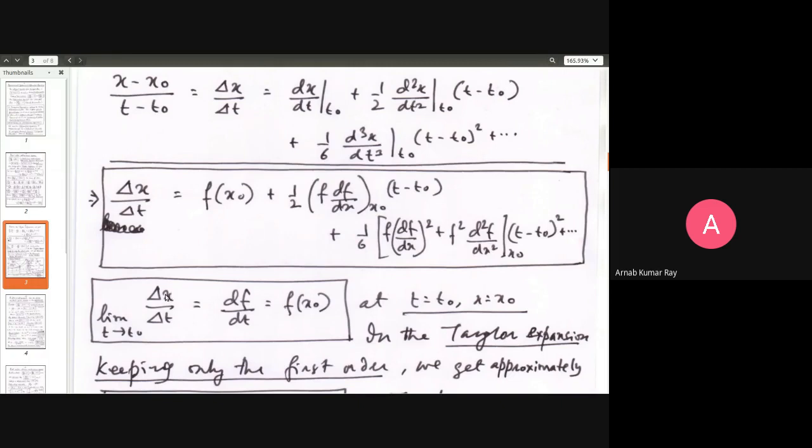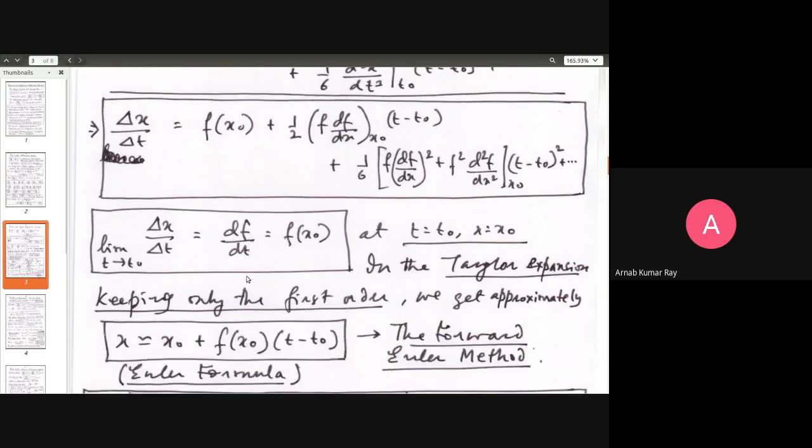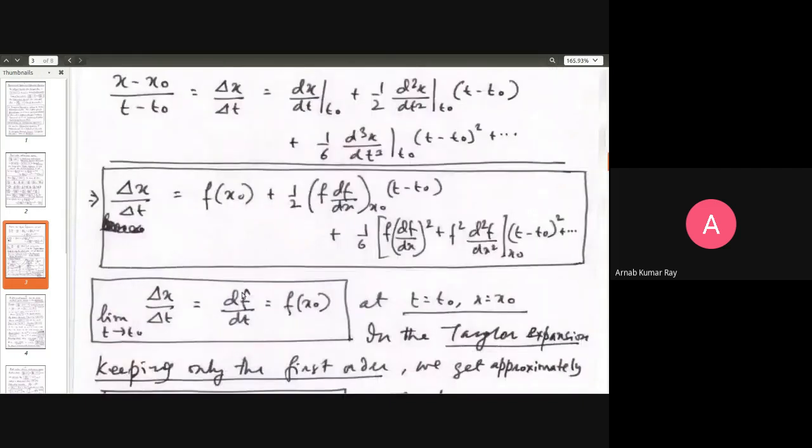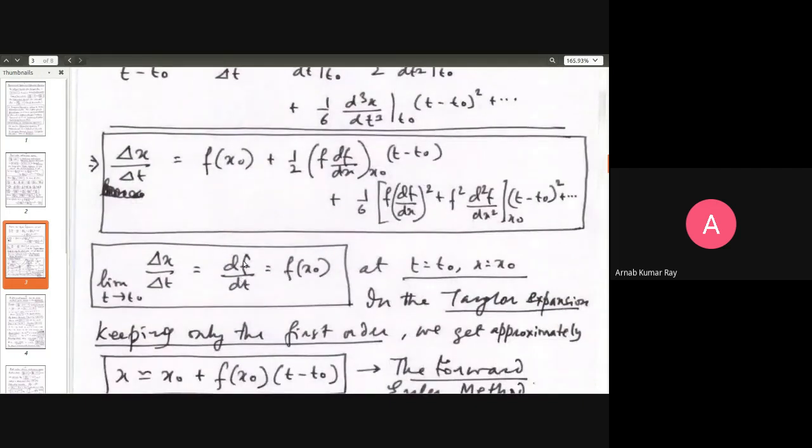One number on top of another number. When I say dx/dt, as written over here, I don't mean that. Note, I did not say dx by dt. I have said delta x by delta t. Delta x by delta t is one number divided by another.